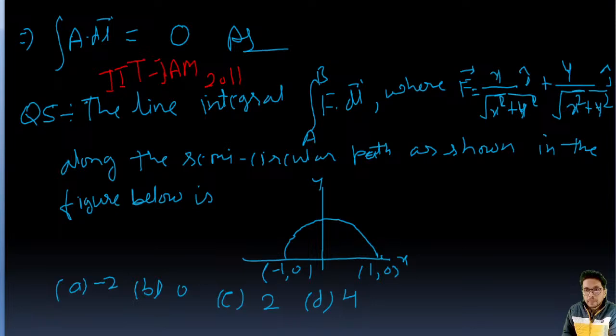So we know there is a semicircle of radius 1, and the equation of the circle is x square plus y square equal to 1. Now we differentiate it.